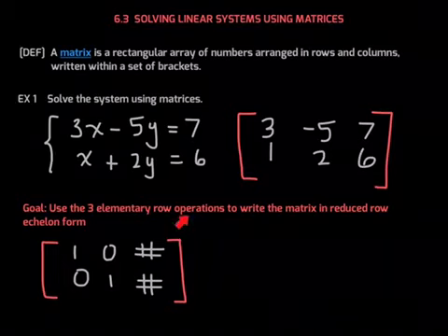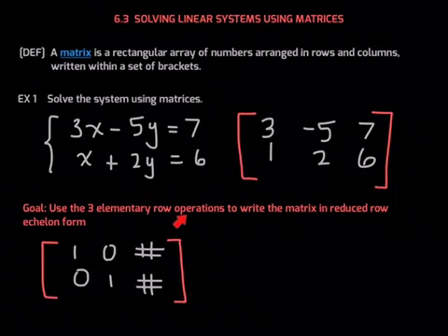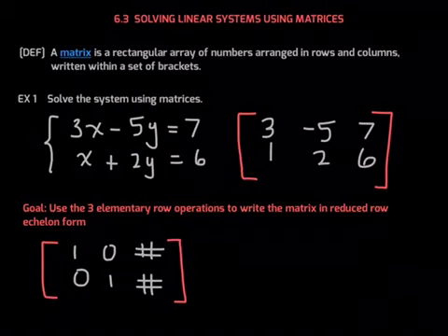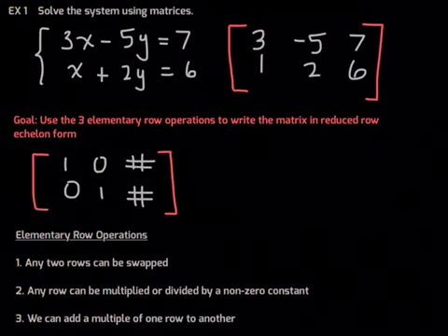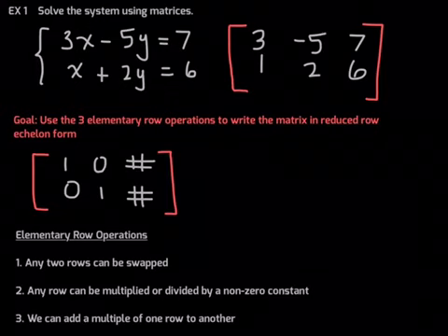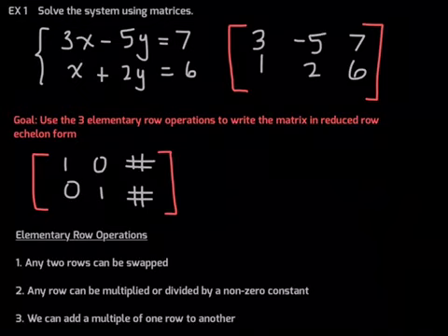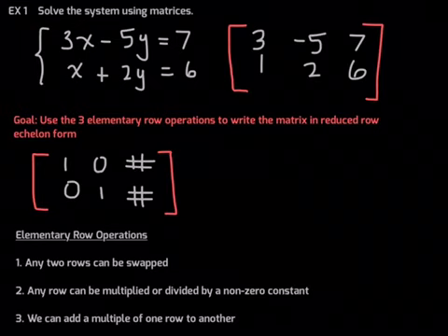They're basically the same 3 operations that you were using with the elimination method and the substitution method, but they're just now represented as row operations. First, any 2 rows can be swapped. Any row can be multiplied or divided by a non-zero constant. So you can multiply an entire row by 2, or divide an entire row by -3 or whatever, as long as it's not 0.